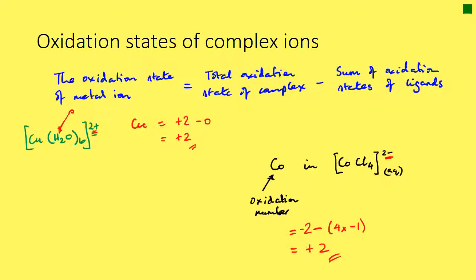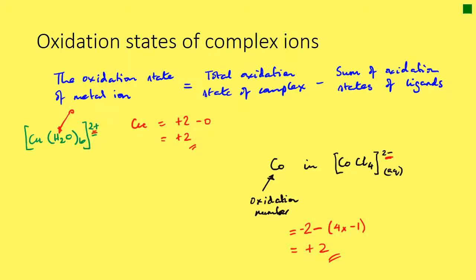Okay, so applying our rule that we wrote out in blue, the oxidation state of the metal ion is, let's do that in red again, the total oxidation state of the complex, so that's 2 minus, and it's minus the sum of, right, so we'll draw a little bracket, the sum of the oxidation states of the ligands. So each of the chlorides, and there are 4 of them, each of the 4 chlorides are -1.